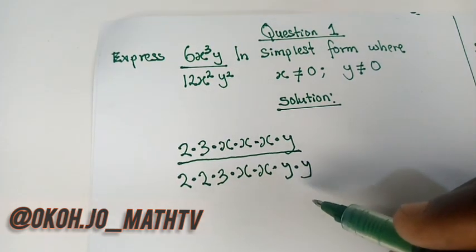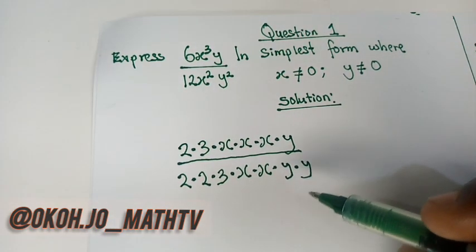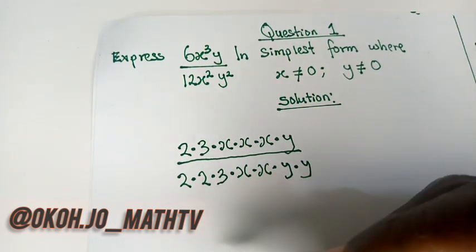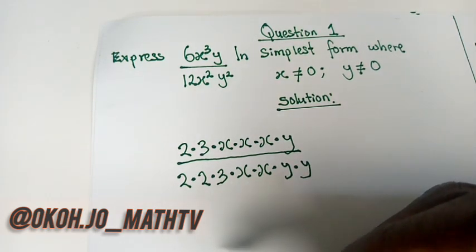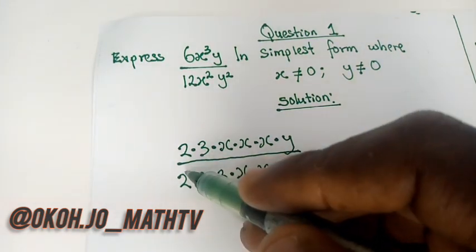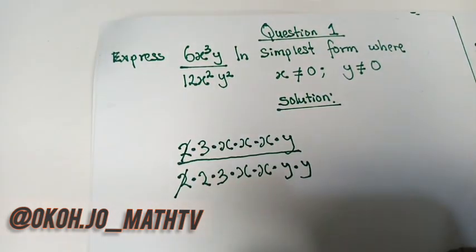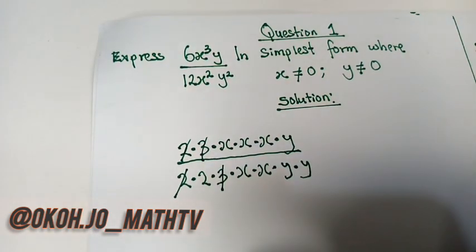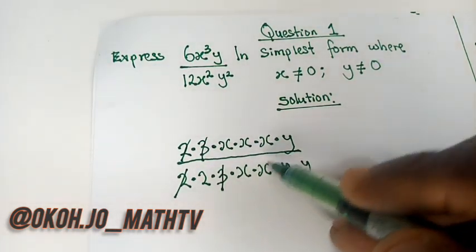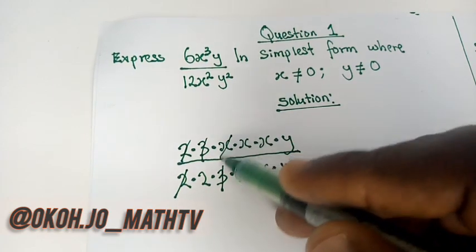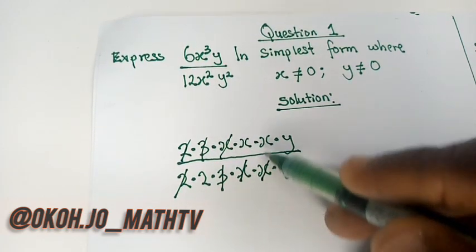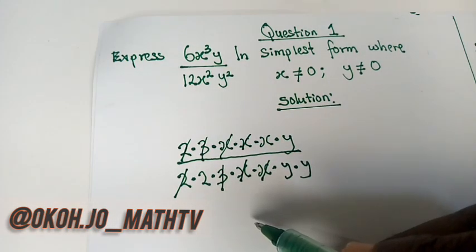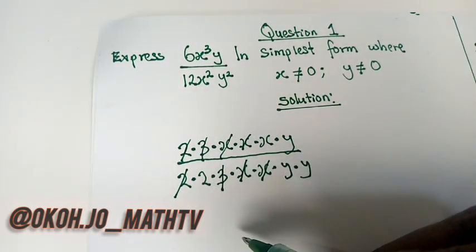Is that okay? So at this point, we try to look out for what we can simply strike out, or what can cancel out each other. These 2 can go with these 2. Is that okay? These 3 can go with these 3. Is that okay? Then this x can go with this x. We are done with x, and we don't have 2 at the numerator anymore.